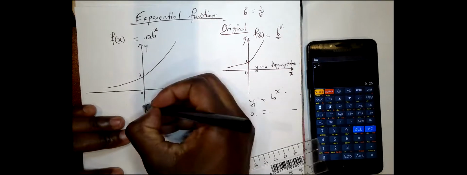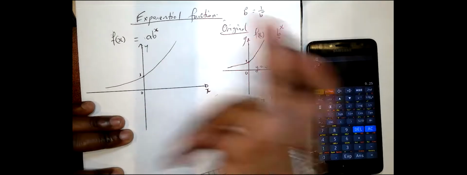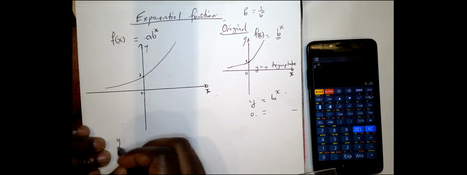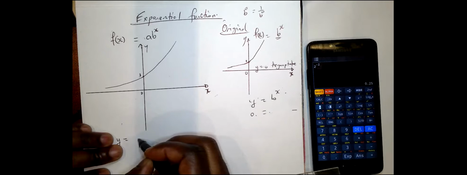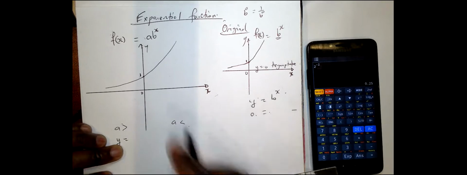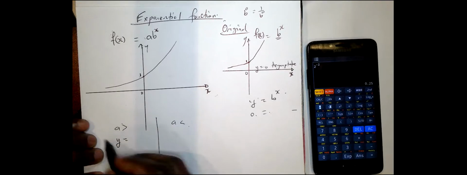It means that if our y is negative, for example here, if a is positive and a is negative, let's see what we have here. Let's plot some points that we can use.